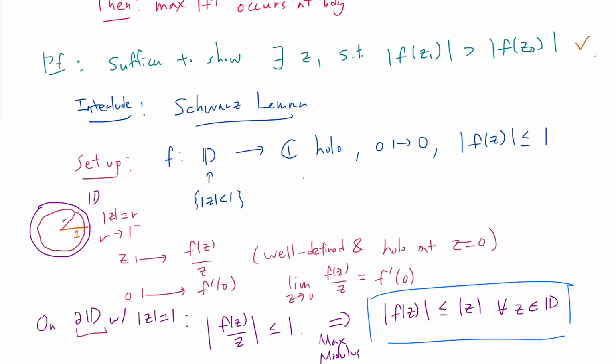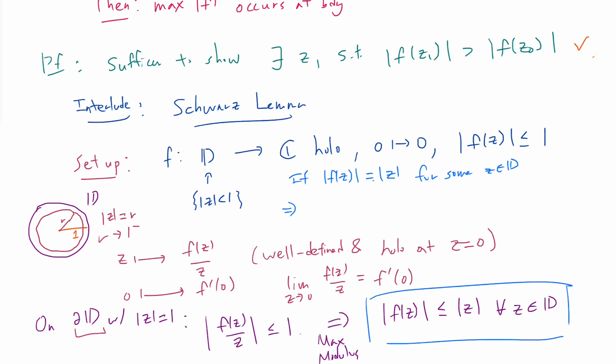But another conclusion from Schwarz's lemma is if absolute value of f of z is equal to absolute value of z for some z in the disk, then this must mean the maximum was attained in the interior. So we must have f of z over z is constant.